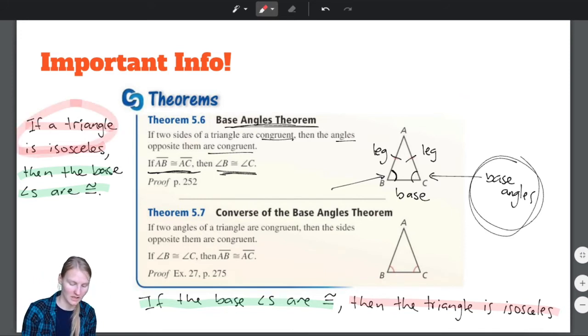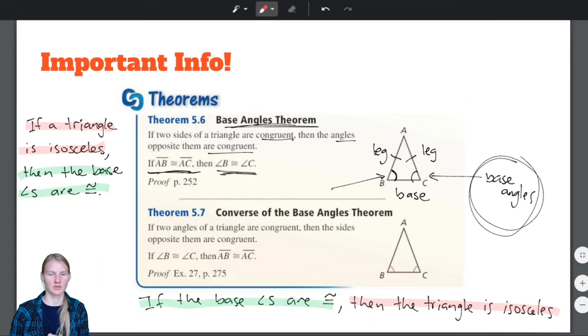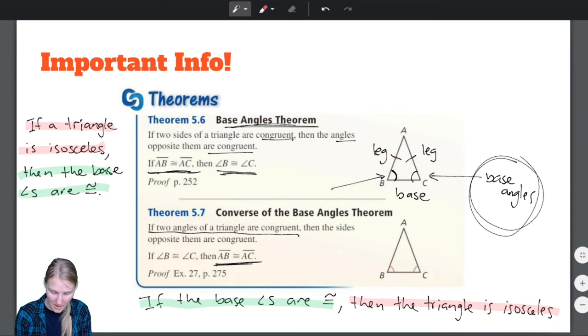So we're switching the if and the then. If a triangle is isosceles, then the base angles are congruent. The converse is if the base angles are congruent, then the triangle is isosceles. So, if angle B is congruent to angle C, then side AB is congruent to side AC. So, if two angles of a triangle are congruent, then the sides opposite them are congruent.